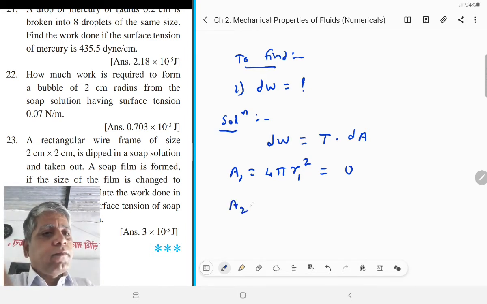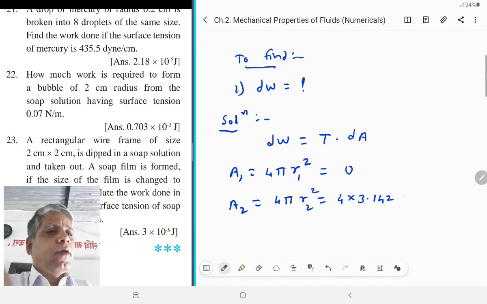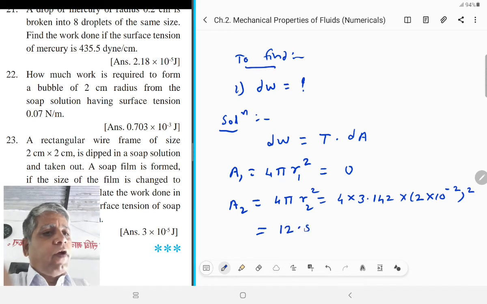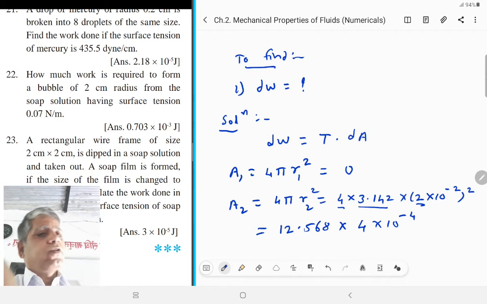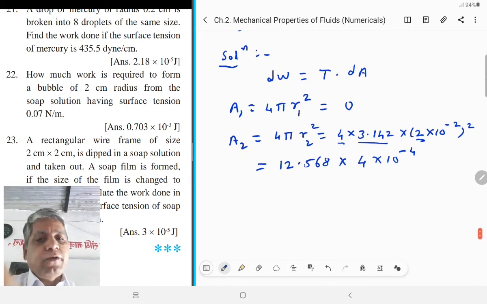A2 is 4 pi R2 square, that is equal to 4 into 3.142 into 2 into 10 raised to minus 2 square, and that is equal to 12.568 into 4 into 10 raised to minus 4. This is the final surface area.